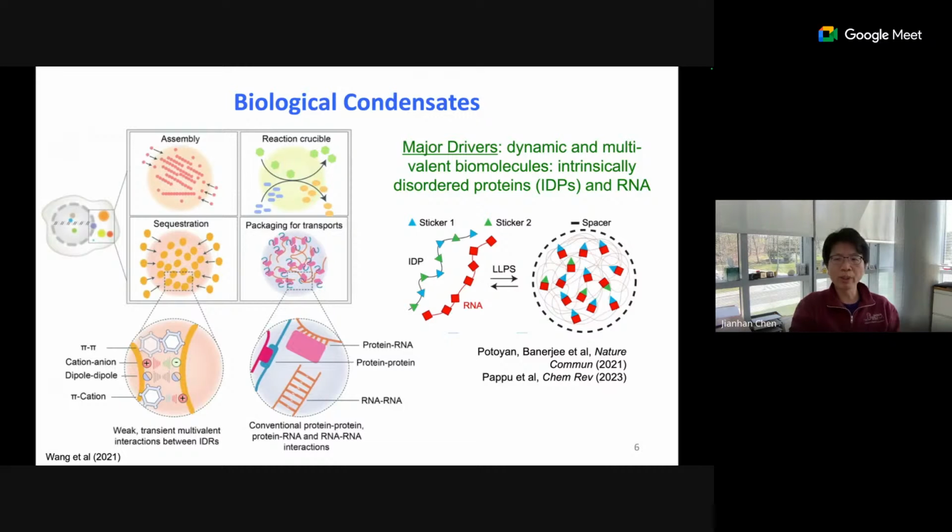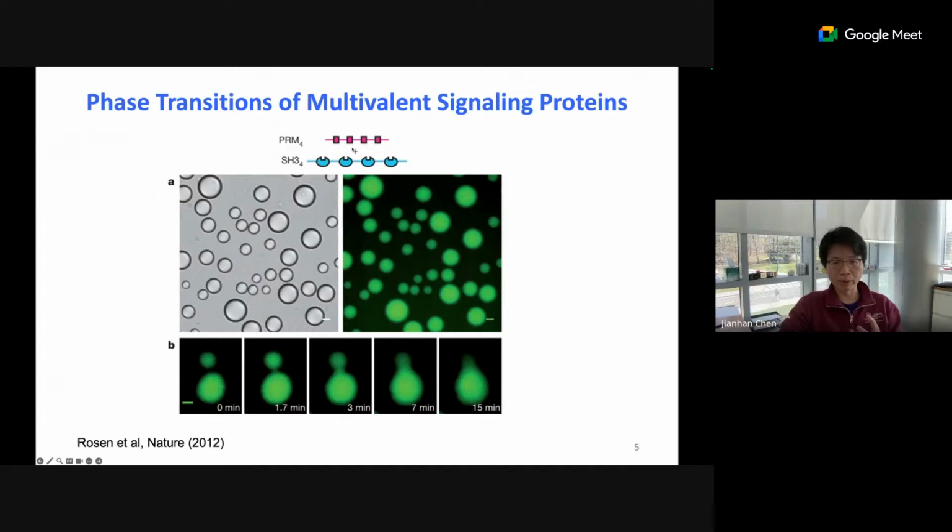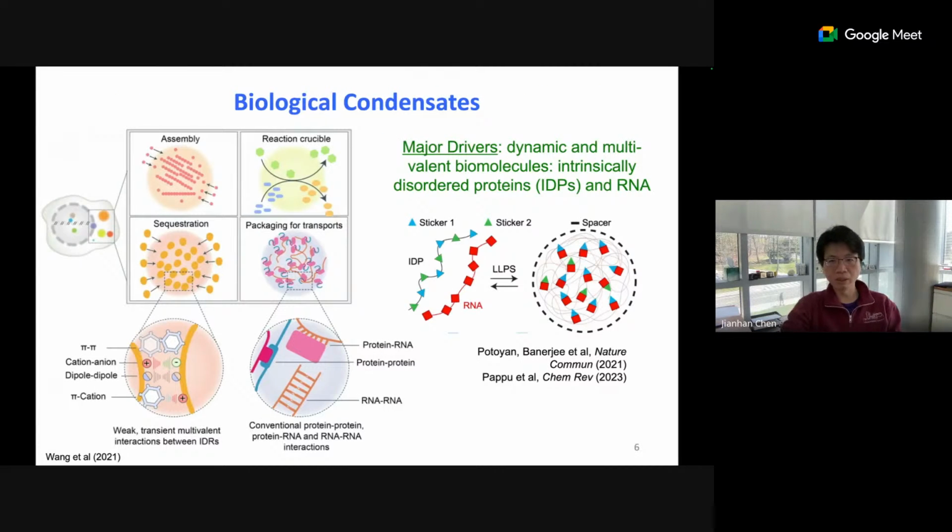What people realize is that the major drivers of the formation of these biological condensates are dynamic and multivalent biomolecules. Like in this example, when you put multiple interaction domains on a string, they are multivalent, they are dynamic. And whenever you have this kind of molecule, which is really polymer-like, under certain conditions they will phase separate.